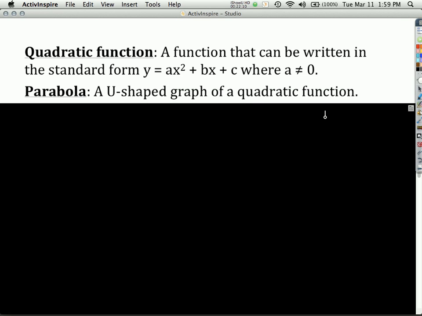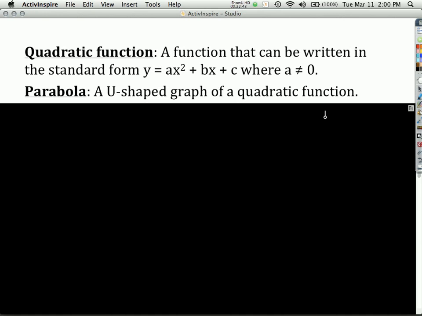You've already heard the term, now you're getting the formal definition, and I've kept the definition very simple. It's a U-shaped graph. It will either be a U going up or a U going down, an upside down U. Now we're going to be introduced to a couple of terms that are parts of a parabola.